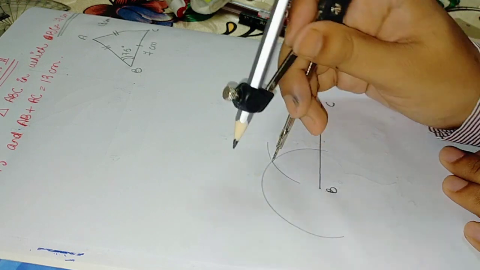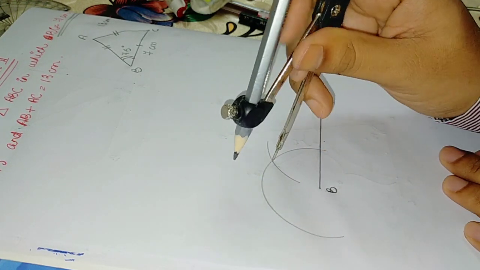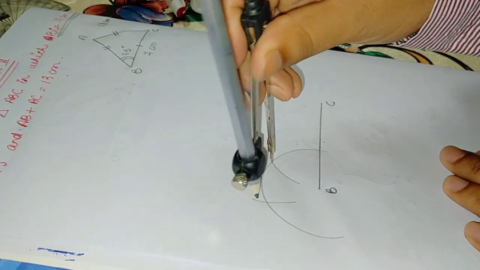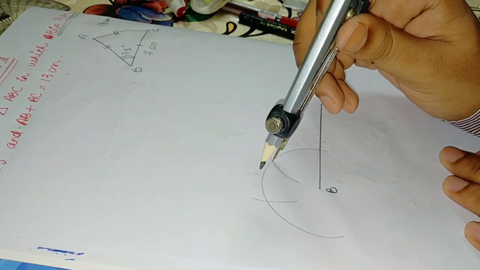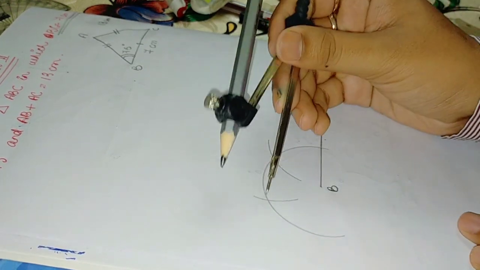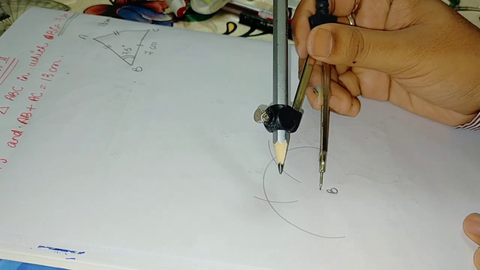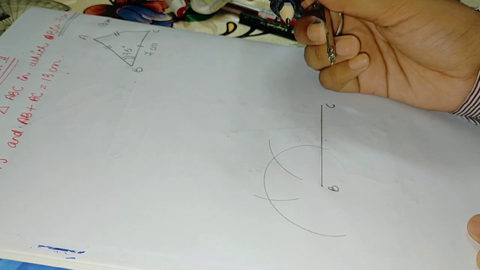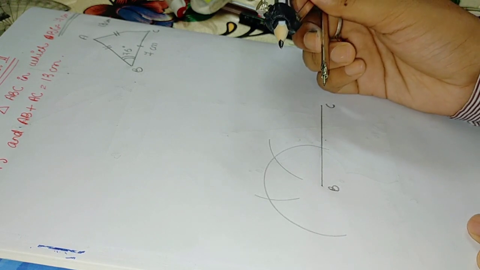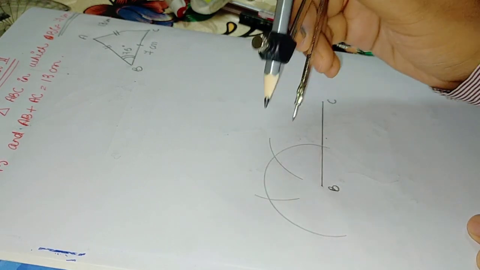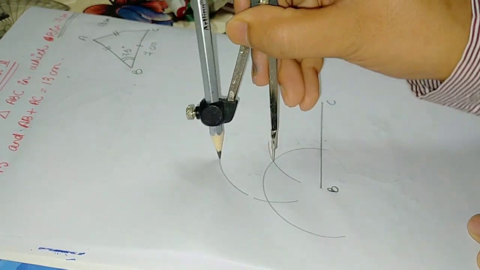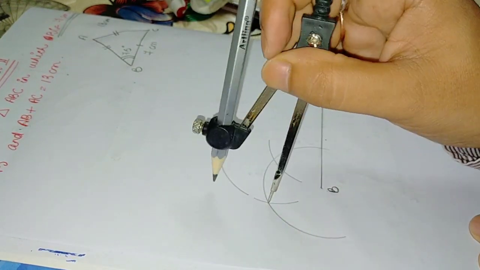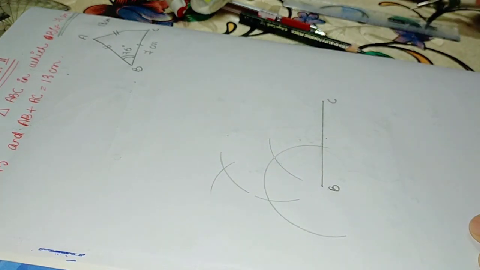We want a 75 degree angle. So I will draw another arc that cuts the first arc, and if I join this point with B, I will get 120 degree. But 120 degree is not our target. Our target is to draw a 75 degree angle. So I will draw 90 degree. Till this much, I don't think anyone has any doubt.